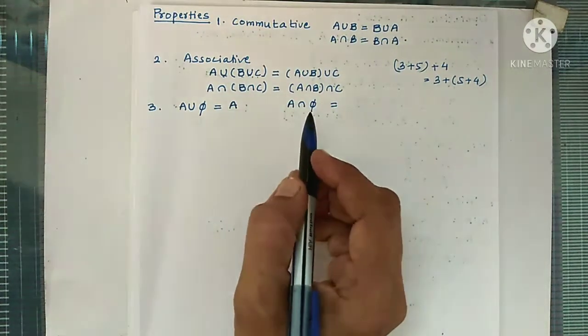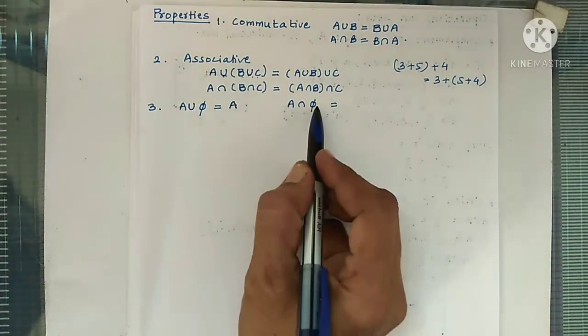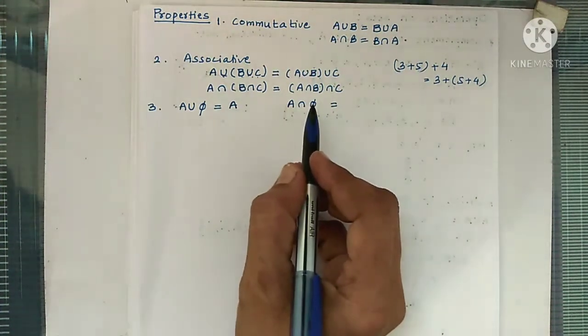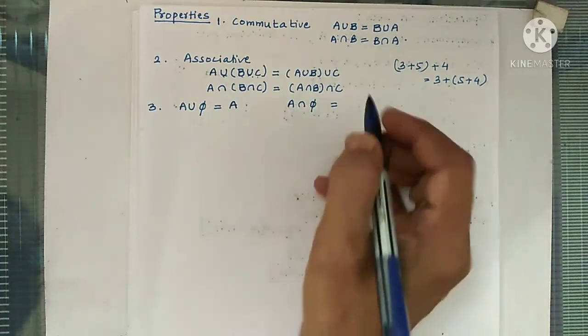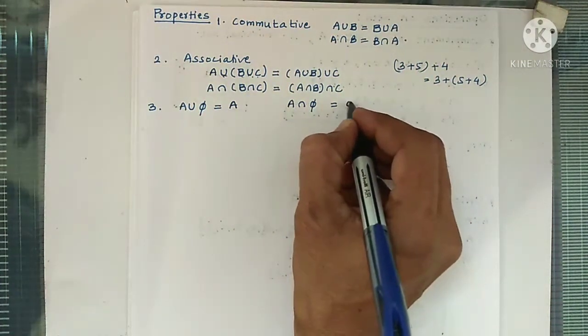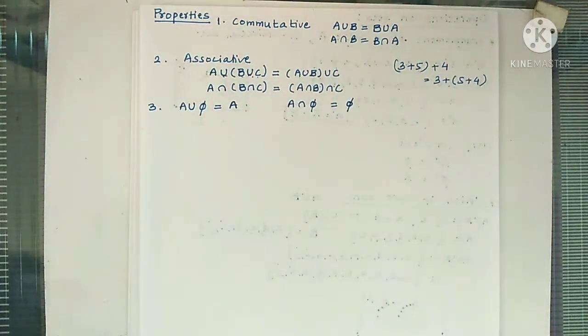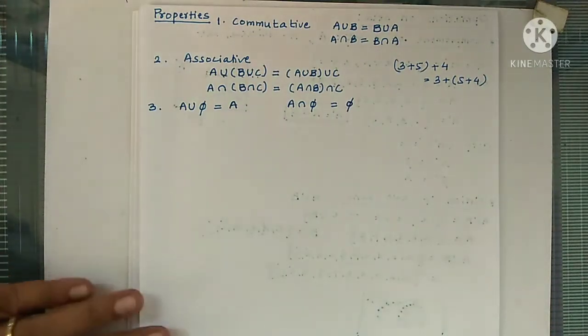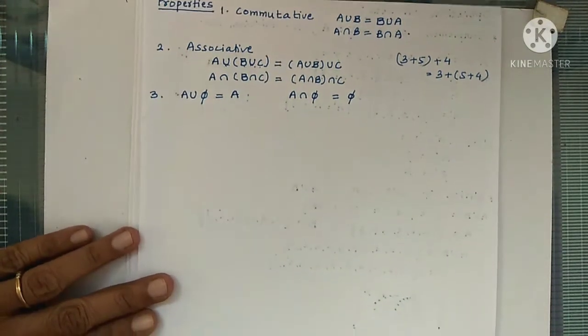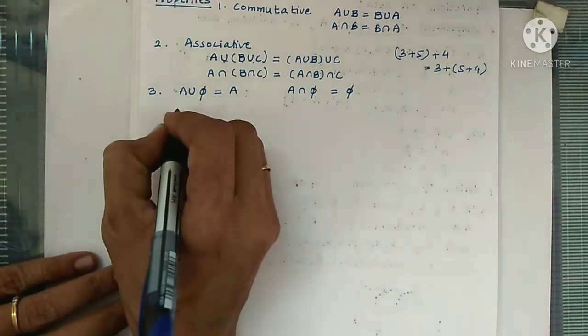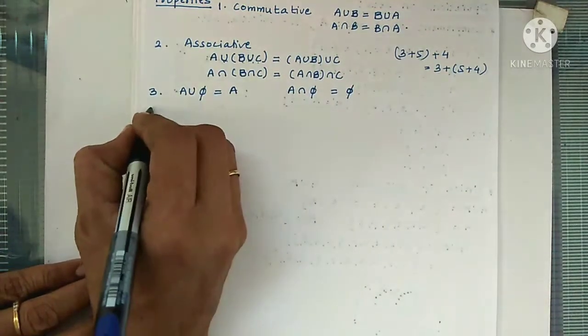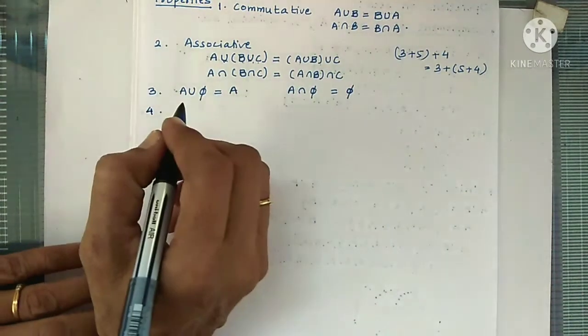A intersection phi is the common elements of A and the empty set. But the empty set does not contain any element. So their common elements are the empty set only. So A intersection phi is phi.